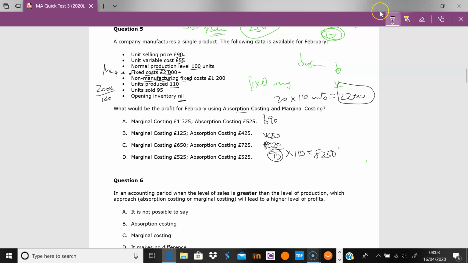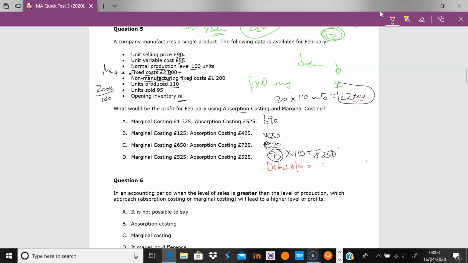So what does this mean? In effect, what I have done by default is that I have put in 200 too much. So I have overabsorbed and I need to deduct that overabsorption. We're just pretending we're in real work. As I'm making the units, I'll put in £20, but now I realize at the end that my cost is actually overabsorption.